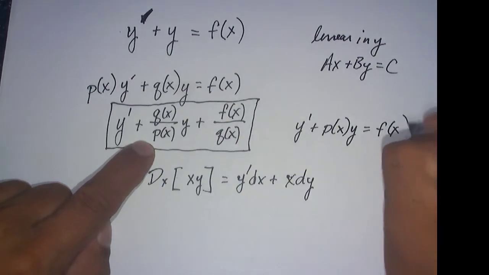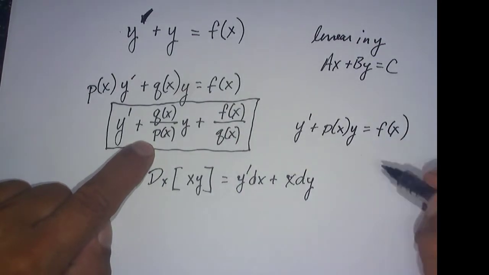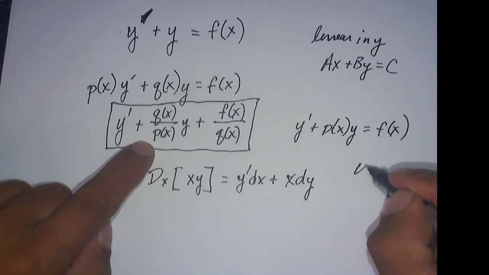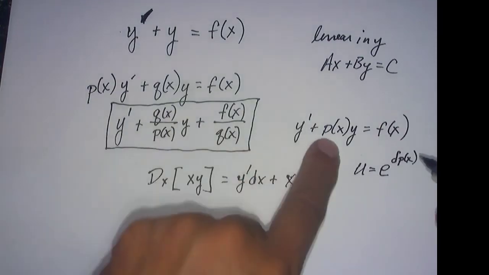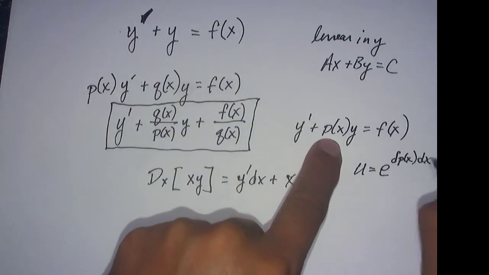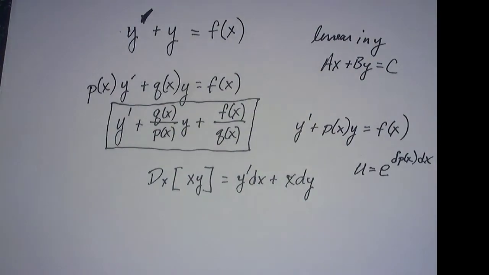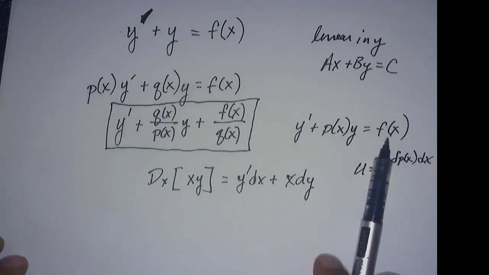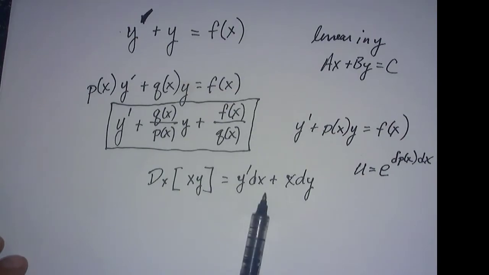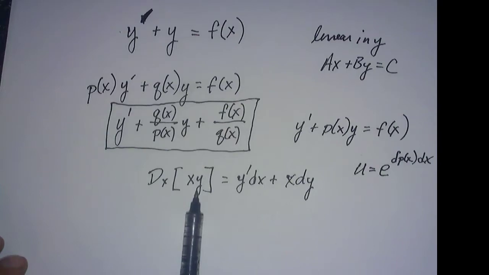We'll just call it the standard form here. The integrating factor, u, is equal to e to the integral of this function, dx. And when you multiply everything by this, it magically turns this formula into the product rule, like this. And then you integrate both sides, and you have xy, and you can solve for y.